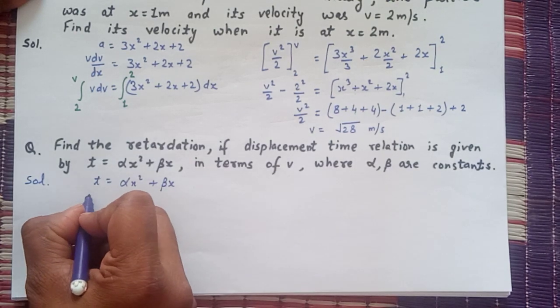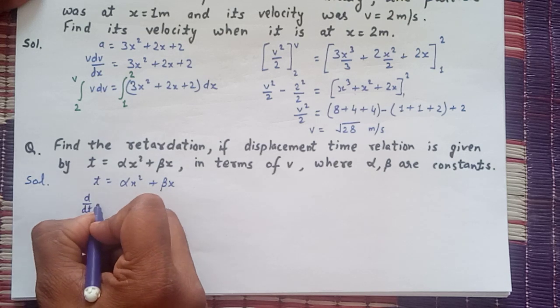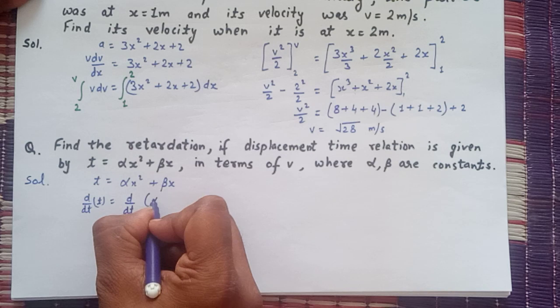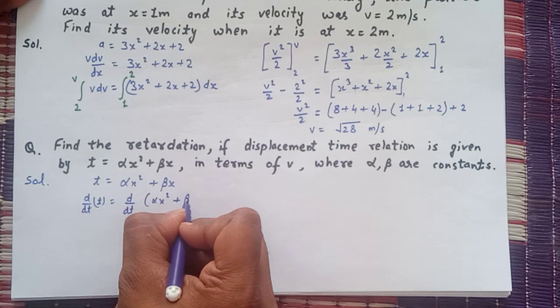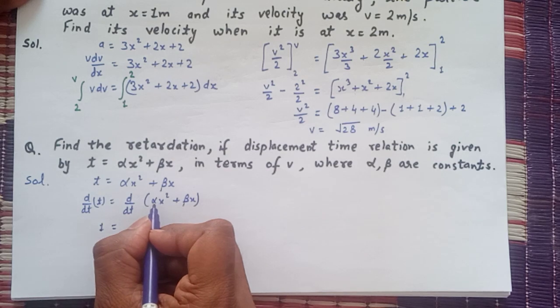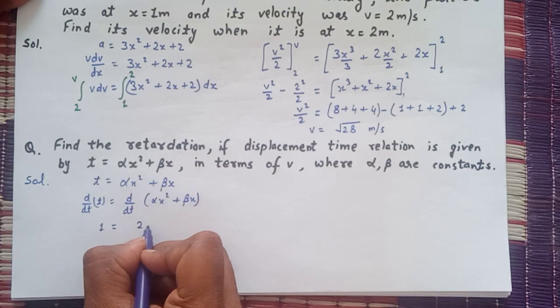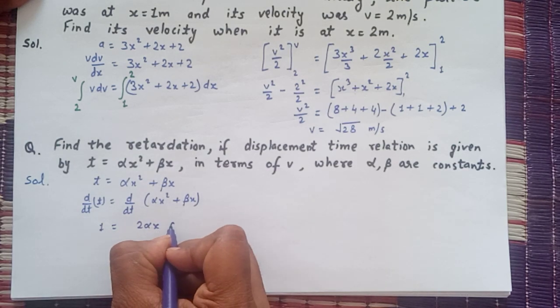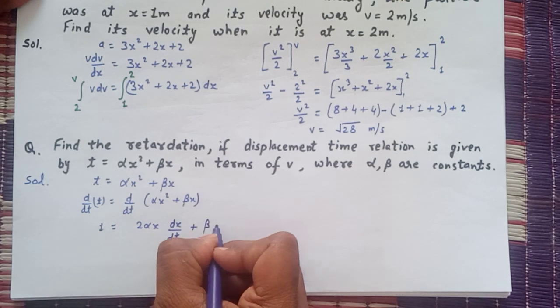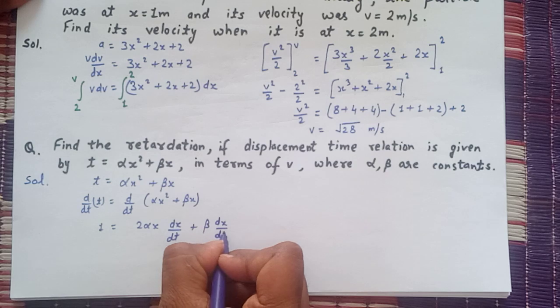So differentiating with respect to time on both sides, d/dt on both sides, of αx² + βx. The left side will be 1, and the right side's differentiation will be 2αx dx/dt + β dx/dt.